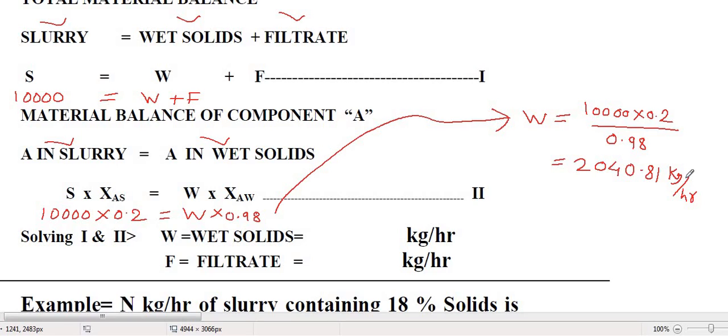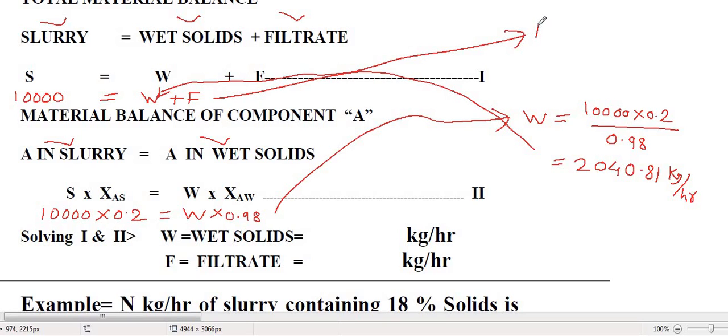Now you have to substitute this value of W in this equation. When you substitute it, you will get the amount of filtrate. So from this equation, F will be 10,000 minus this value of W, 2040.81.